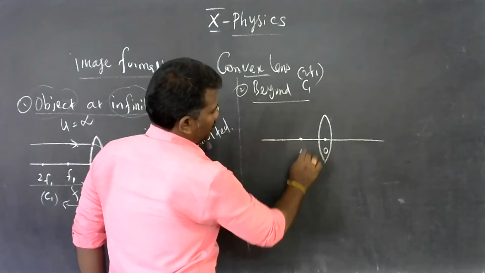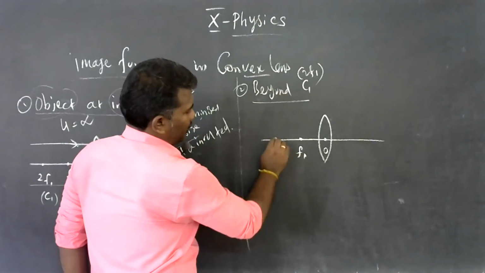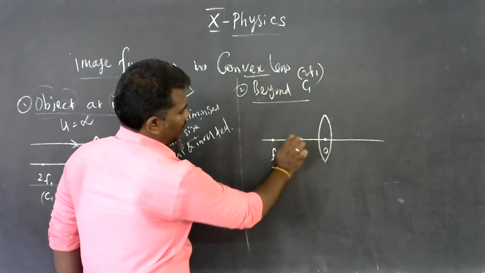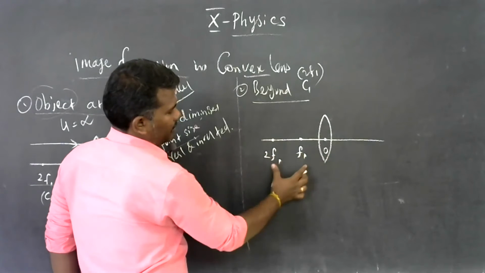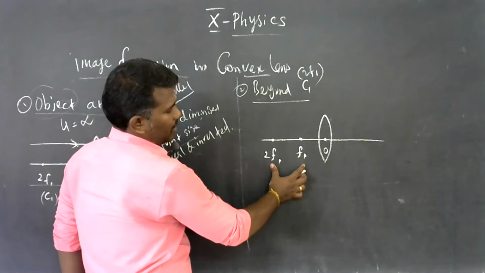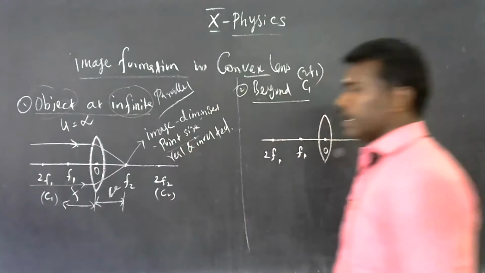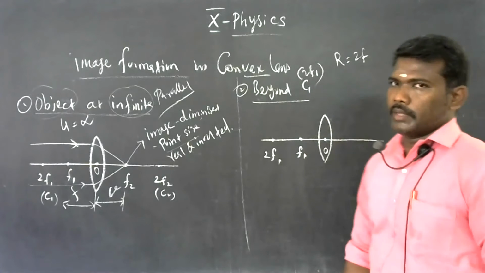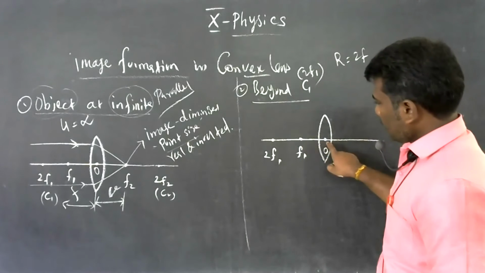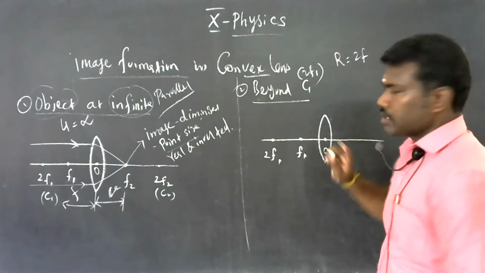We note this is F1. Also note that this distance must be equal on the other side, because we know the relation between R and F. The radius of curvature R is equal to 2 times F. So this distance is F, which means this total distance is 2F.